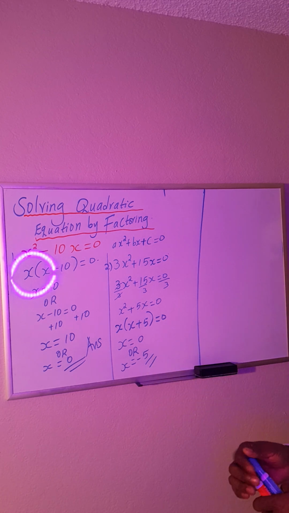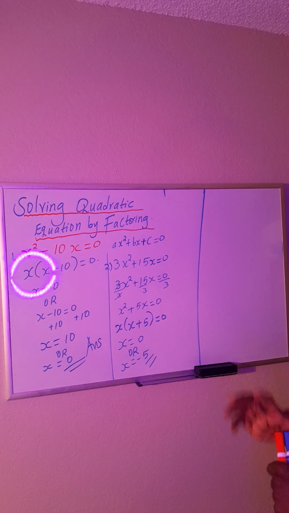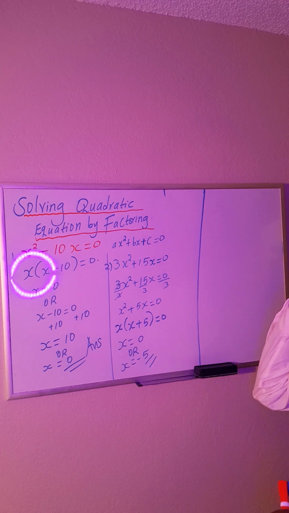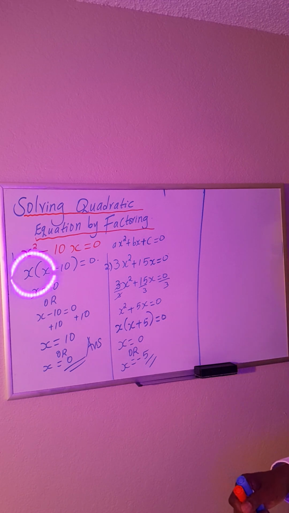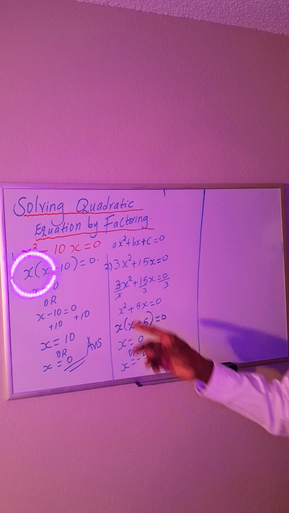So that is what you're supposed to get. Those are the two solutions that make this equation equal to 0, to find the value of x.